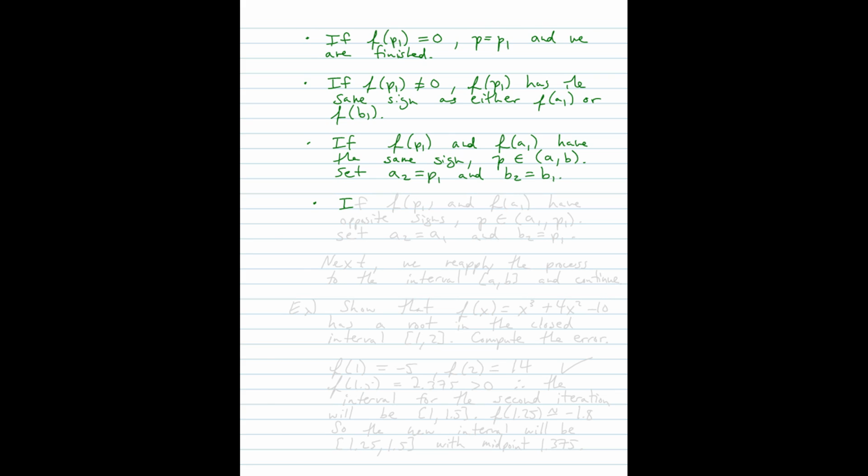And finally, if f(p1) and f(a1) have opposite signs, then p is an element of the open interval (a1, p1). In this case, we can set a2 equal to a1 and b2 equal to p1. Next, we're going to reapply the process to the closed interval [a2, b2] and continue.